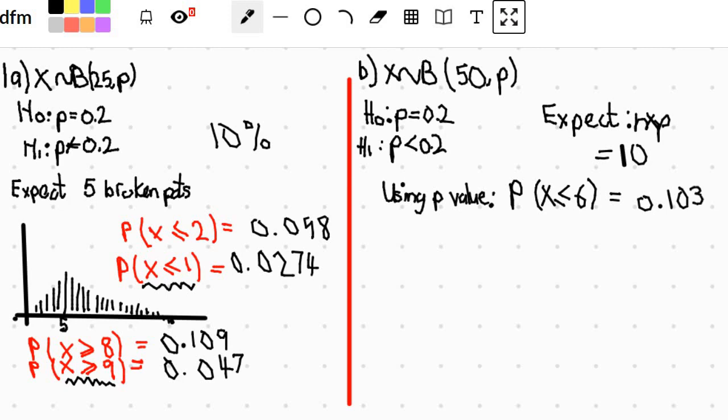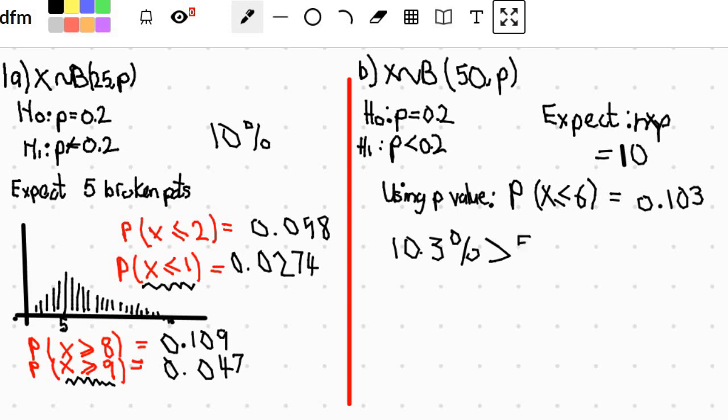You could have used critical regions. I think if you use critical regions, the critical region turns out to be X less than or equal to 5, which is around 4.8%. Okay, I've used the p-value, so I can see 10.3%. 10.3% is greater than the significance level.